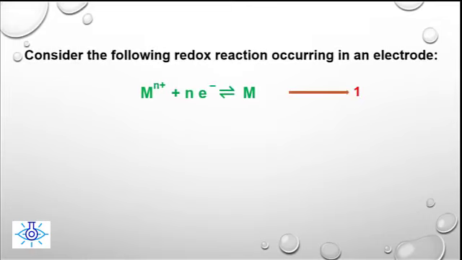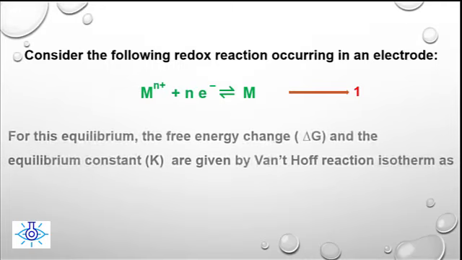To derive this equation, let us consider the following redox reaction occurring in an electrode. M^n+ + n e- ⇌ M. This is the redox reaction.